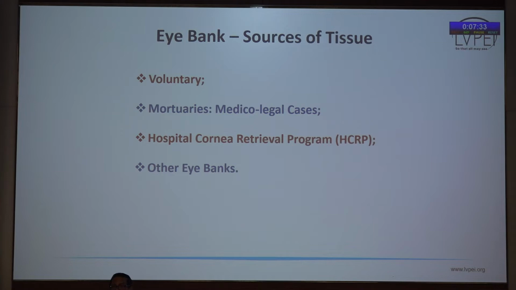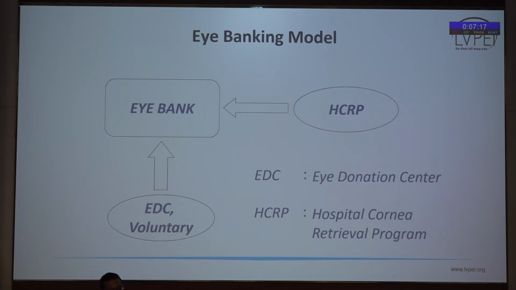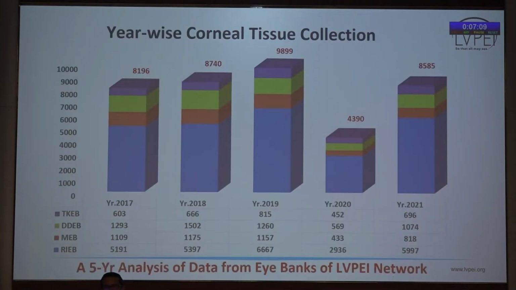But there are places where voluntary is more. I don't know what the ideal distribution between voluntary and motivated is. Again, from HCRP, we get from ICU, ward and postmortem cases and other iBanks. So when Dr. Rao proposed, it was 50% from HCRP and 50% from eye donation centers or voluntary.